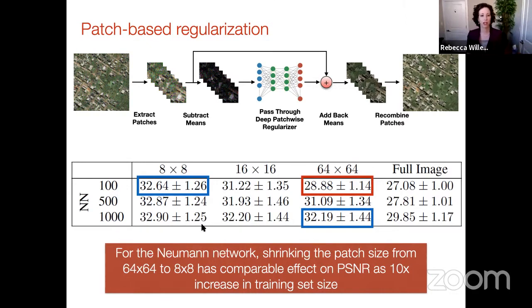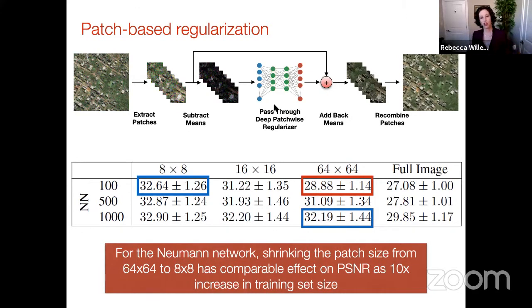In particular, we can think about our regularization block. Instead of just being a giant neural network, we could think about it as taking an image, breaking it up into patches, subtracting the means from all those patches, then having a neural network that maps them to denoised patches that we can add the means back into, and then recombining the patches.